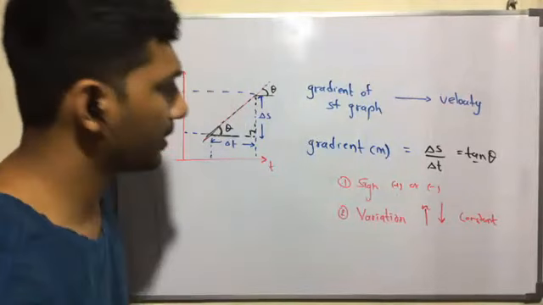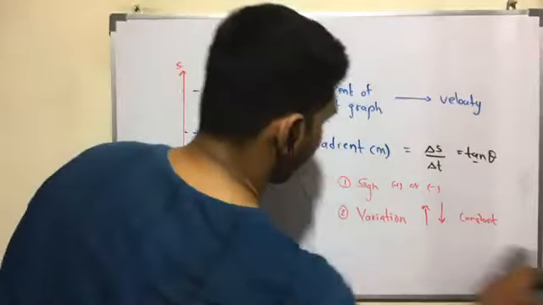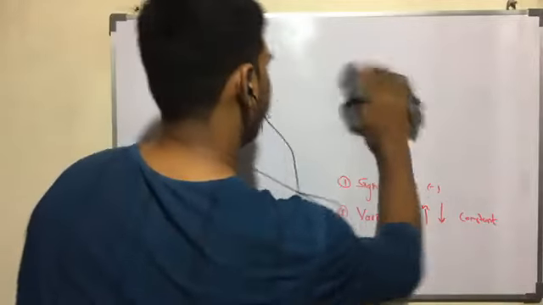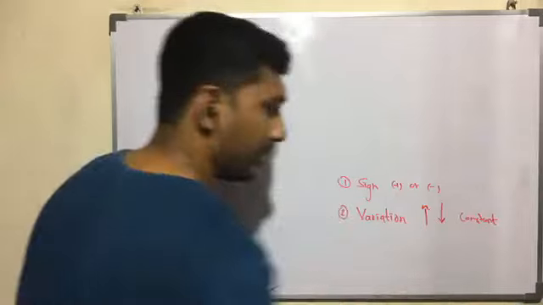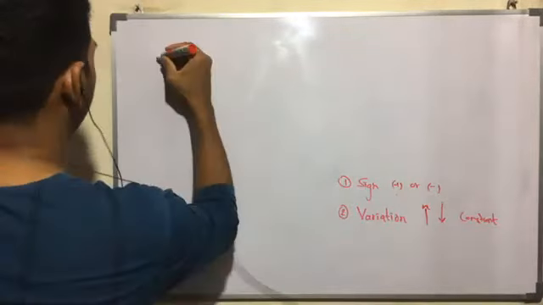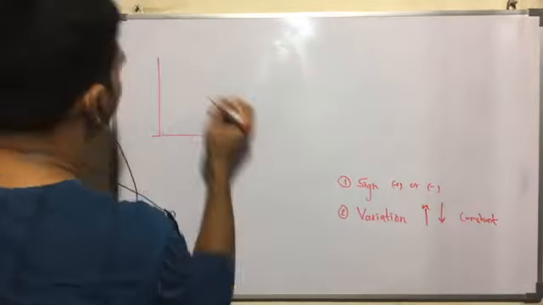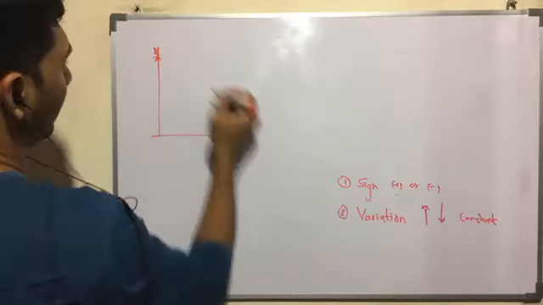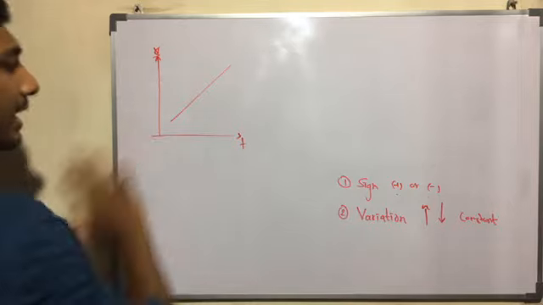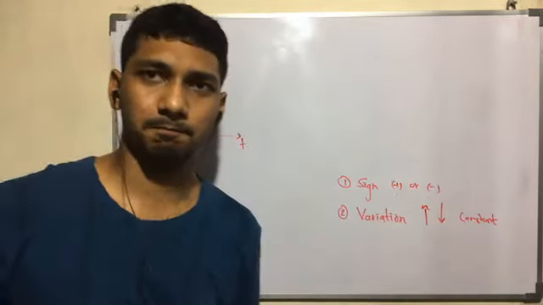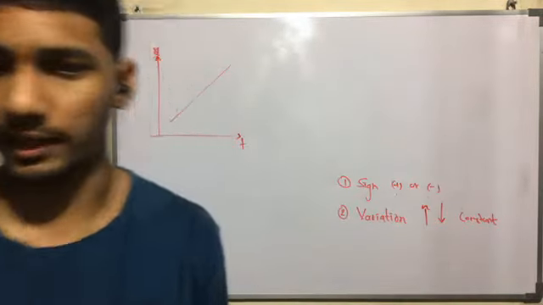Okay, so I'm going to erase it. The first example is our universal one. So this is an ST graph. Now tell me whether this gradient is positive or negative. Is it positive or negative?